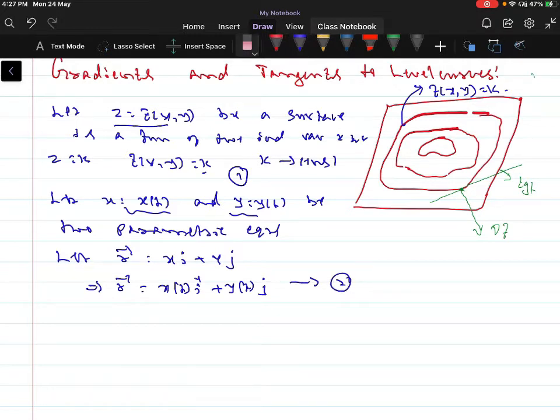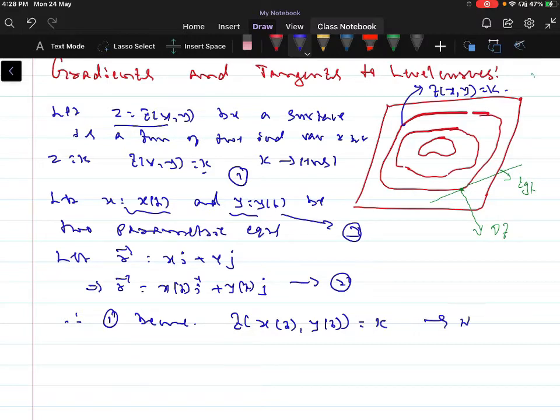The parametric equations, where x is equal to x of t and y is equal to y of t, we call equation 3. Now substitute in equation 1. So equation 1 becomes, by using 3, f of x of t comma y of t is equal to k.